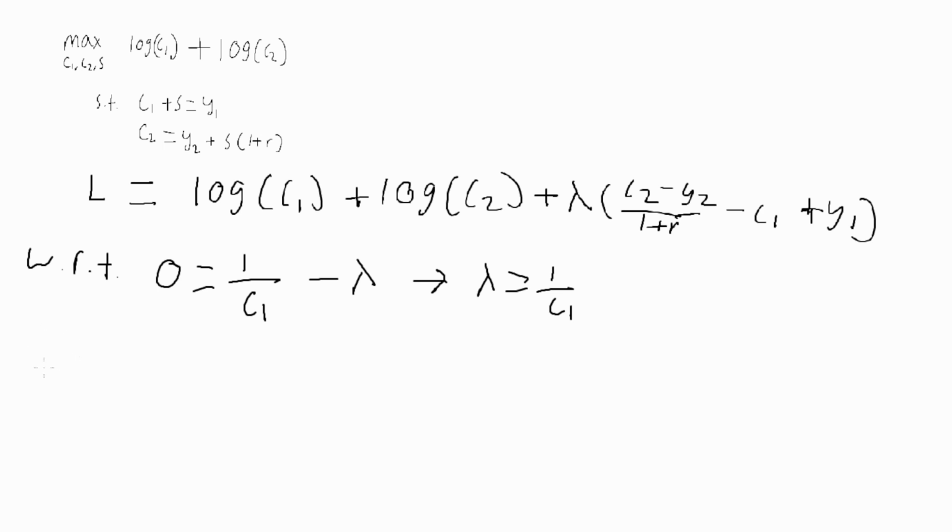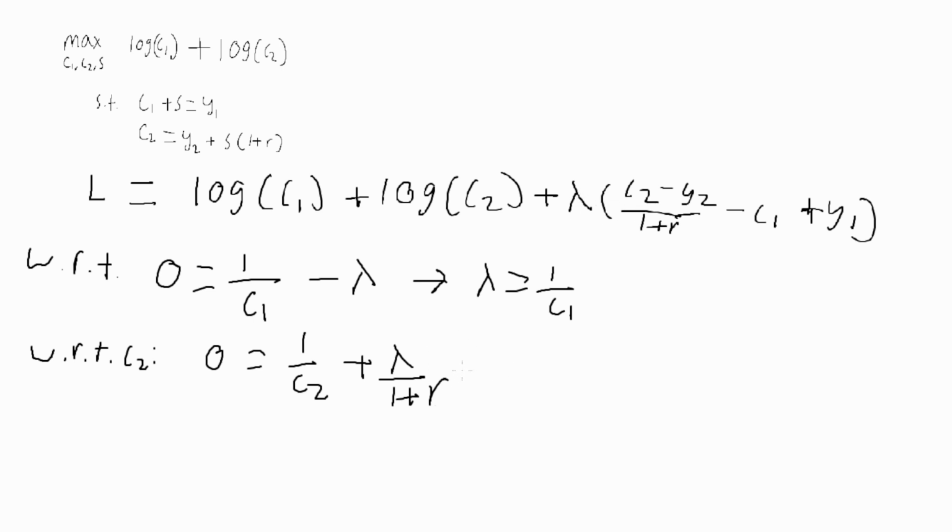Now, differentiating with respect to C2, we will get 0 equals to 1 on C2, again using our log laws, and then plus lambda, and then over 1 plus r, just differentiating this bit.